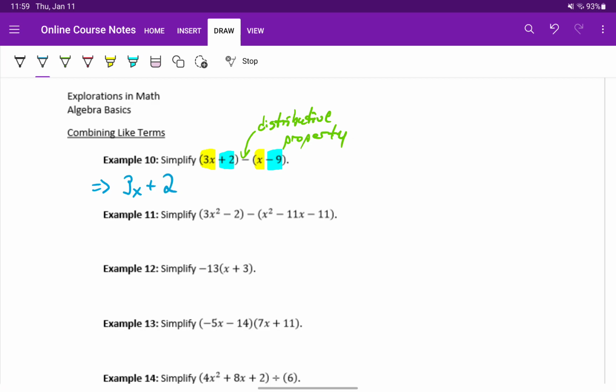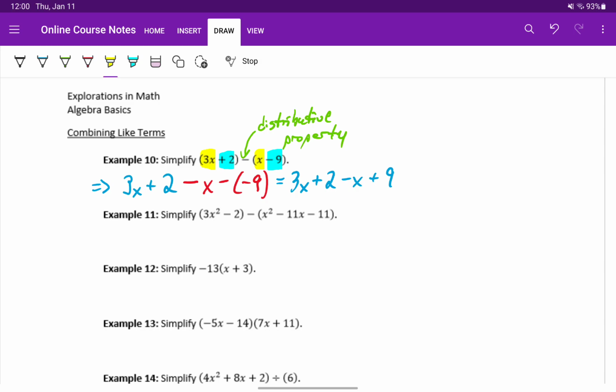But when we start looking at that second expression where we're subtracting x minus 9, now we'll distribute that negative through, and this will become minus x minus 9, or 3x plus 2 minus x, and then the two negatives will cancel each other out, giving us positive 9.